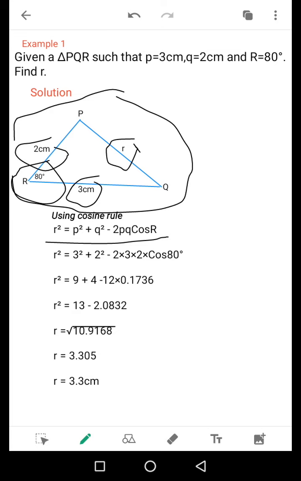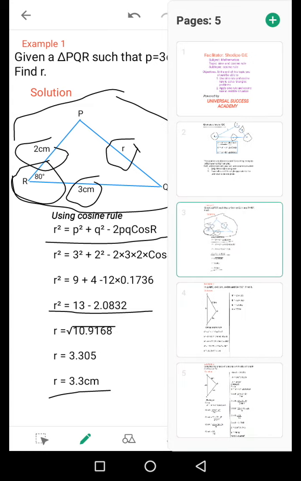By further simplification, R squared is equal to 13 minus 2.0832. So finally, R is equal to 3.3 centimeters. We have gotten what we are asked to look for. R equals 3.3 centimeters.